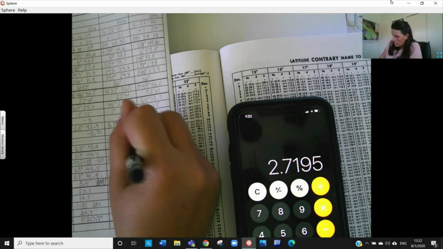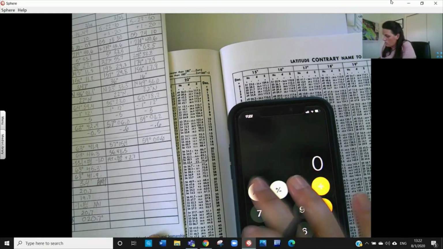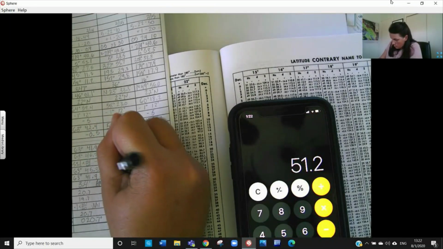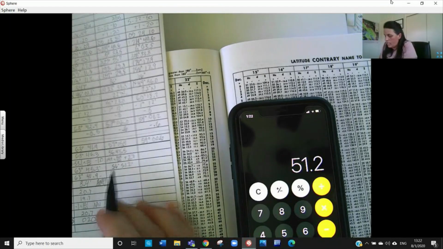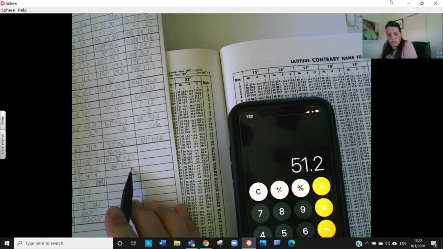I have a correction of 2.7. So I have a calculated HC of 56 degrees, 51.2.